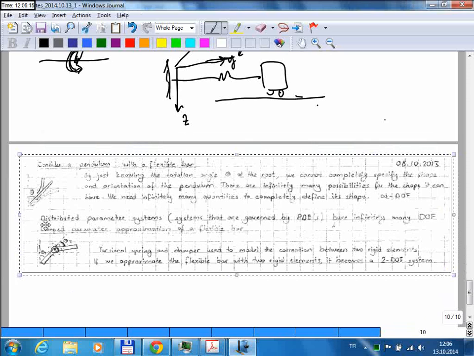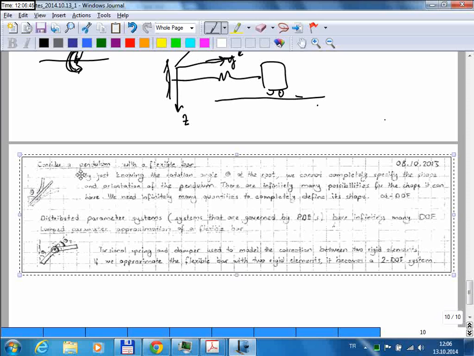Since it is flexible. So when you look at the picture, it can have any of these possibilities, right? The theta is just 1 angle, so you can define 1 theta here. But using that single number, you cannot give the complete shape here. And if you want to give the exact shape, you need to have infinitely many numbers, because you need to know the theta at every location of this bar.